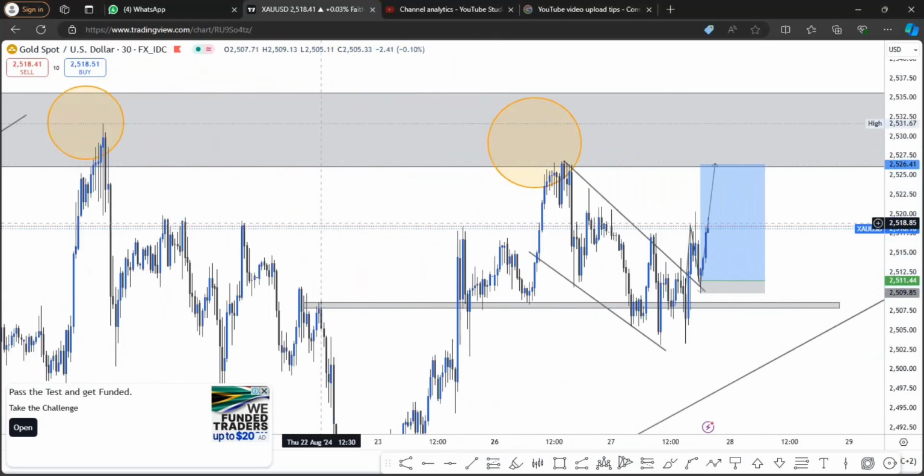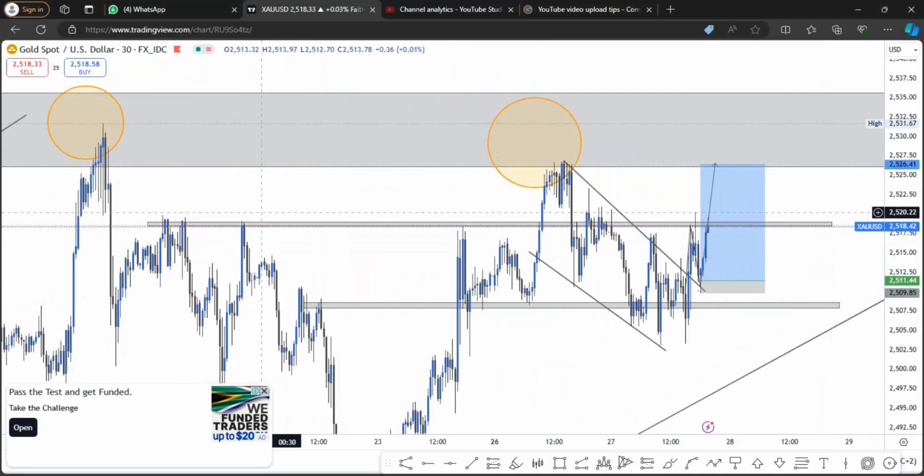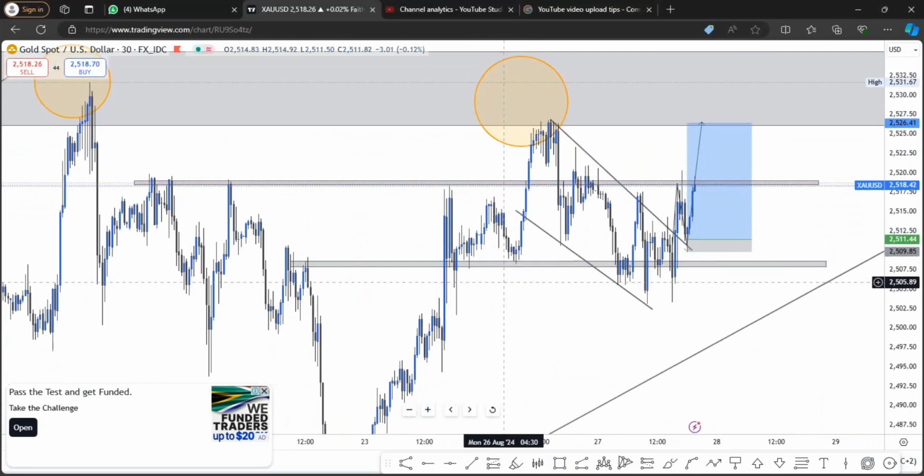see. Then from there, if you want to scale in, we have to again identify this certain point that could make the market reverse here, see.